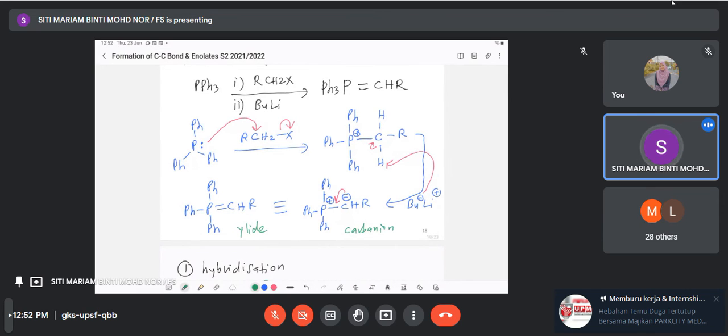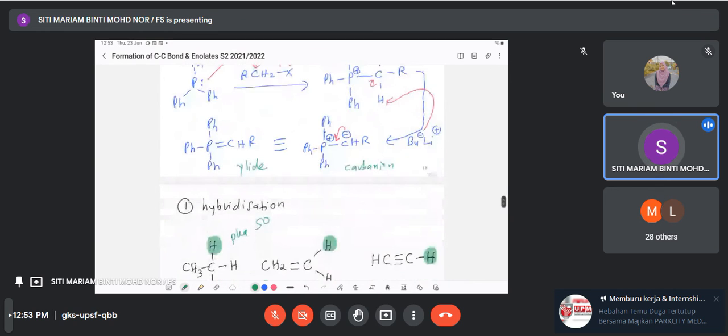You should know this one also. The last thing I want to show you is the mechanism for the Wittig reaction. What we just did was the mechanism for formation of ylide, so it's not yet the Wittig reaction.